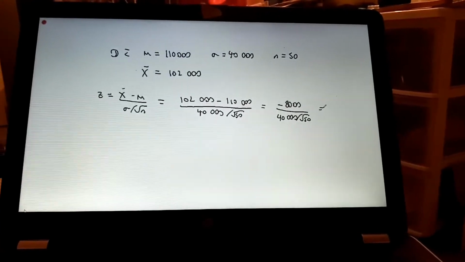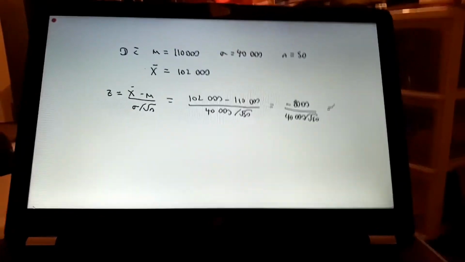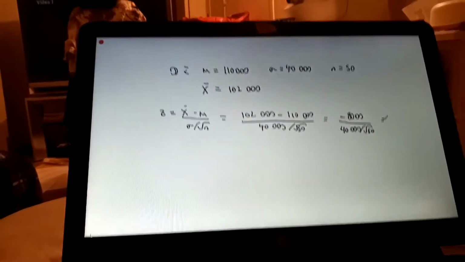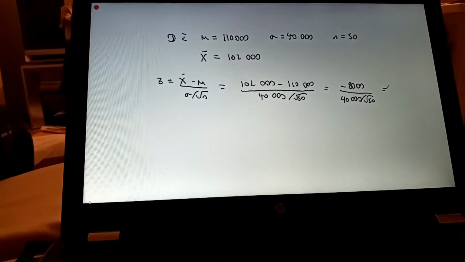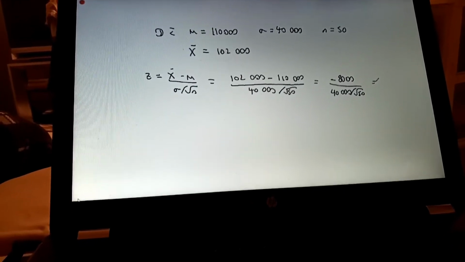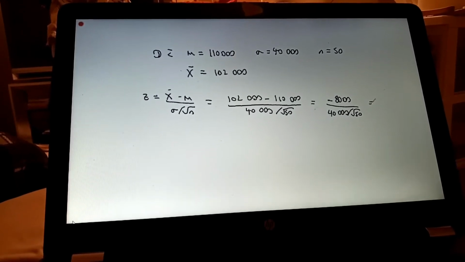Whenever x bar is below the average, your z-score will be negative. And that's just the way it is. So in this case, you should expect a negative z-score. If you get a negative z-score between 0 and minus 3, you'll know that your z-score is reasonable, because they always fall between about minus 3 and 3.